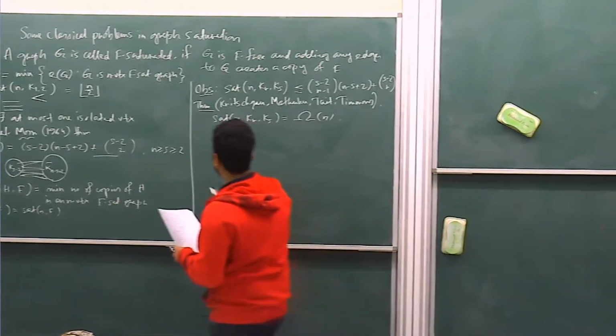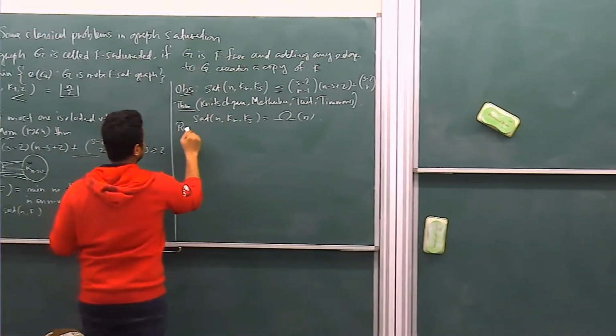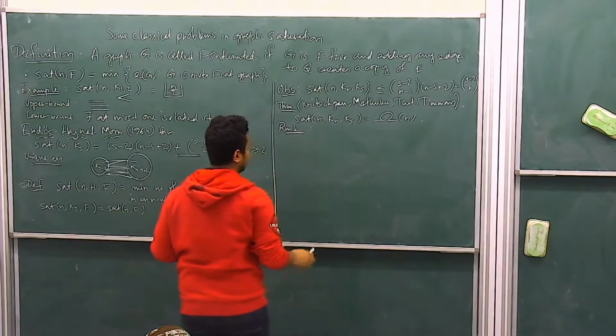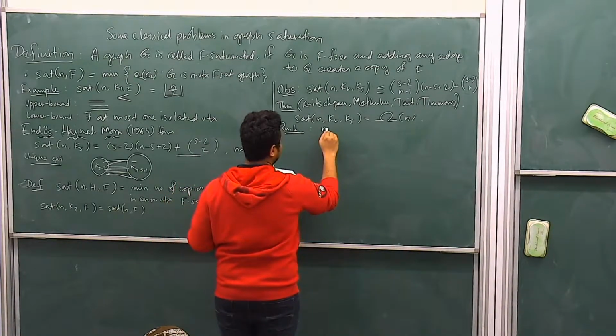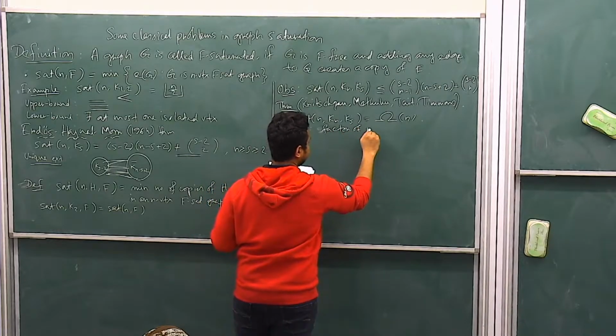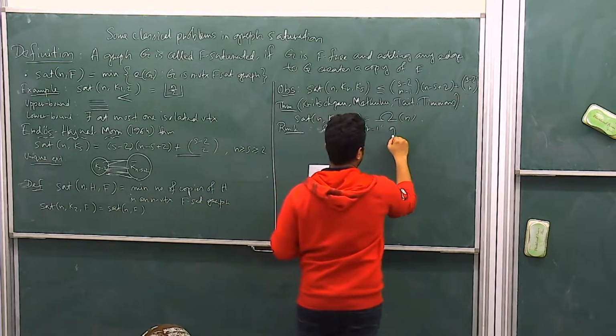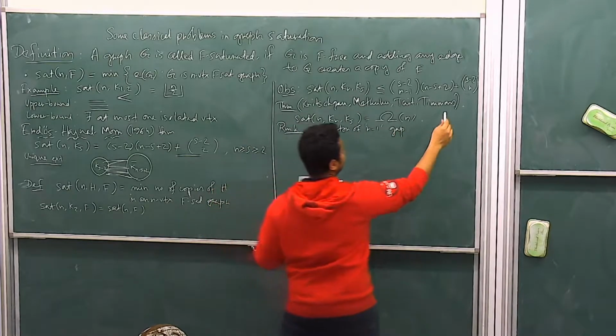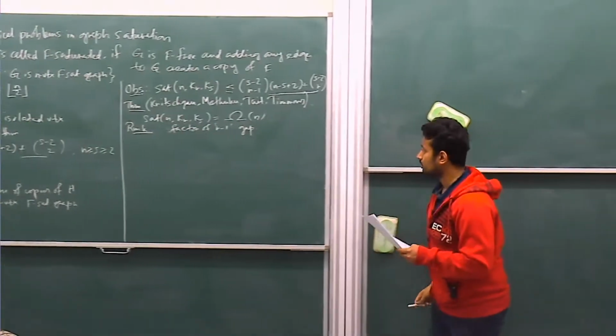Their lower bound had a factor of r-1 there, and they also conjectured that this is indeed the right answer.